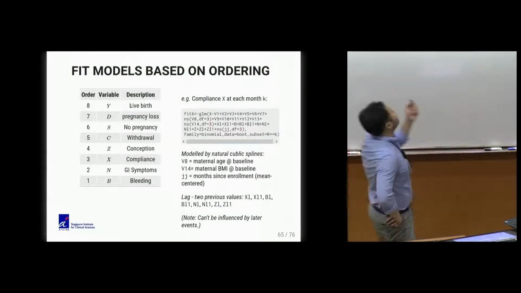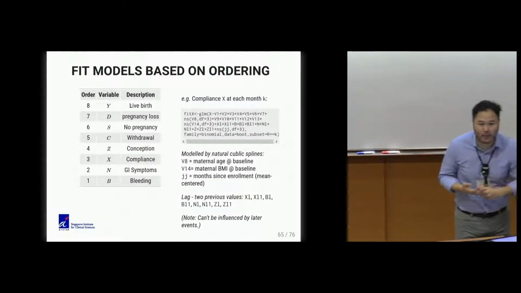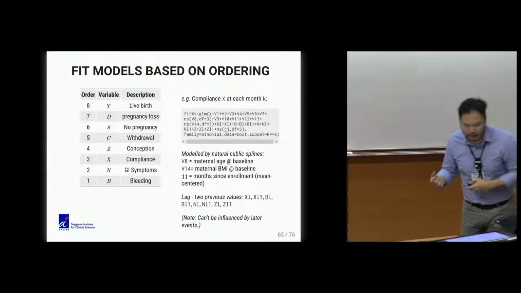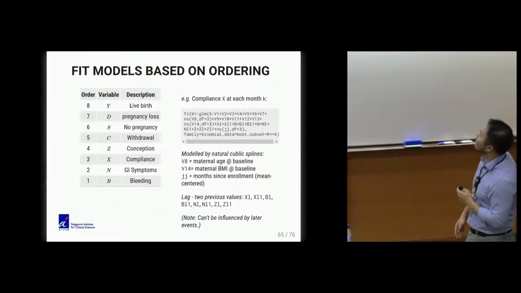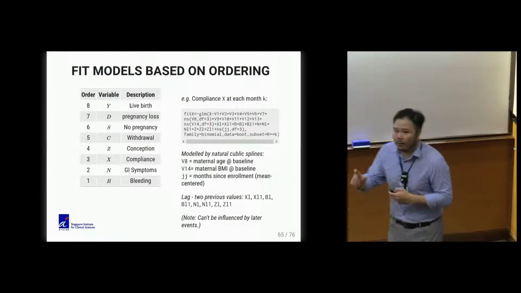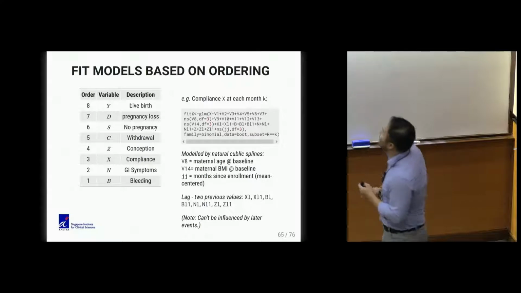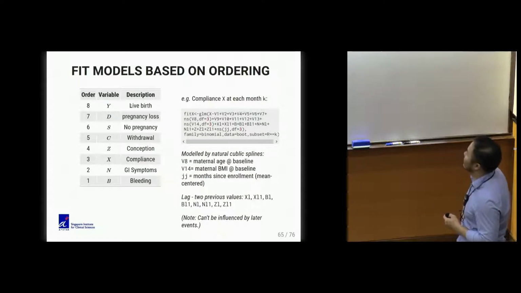So given this order, you do what we've been saying before, which is we fit parametric models for each one of those variables. So this one is an example of the probability of compliance at month K. I'll come back to this. So we're modeling it by the baseline set of confounders plus the time-varying confounders plus an indicator for the month. So I'll point out some things.